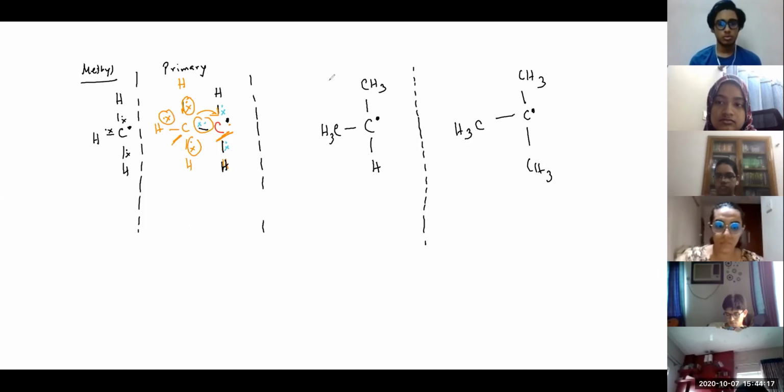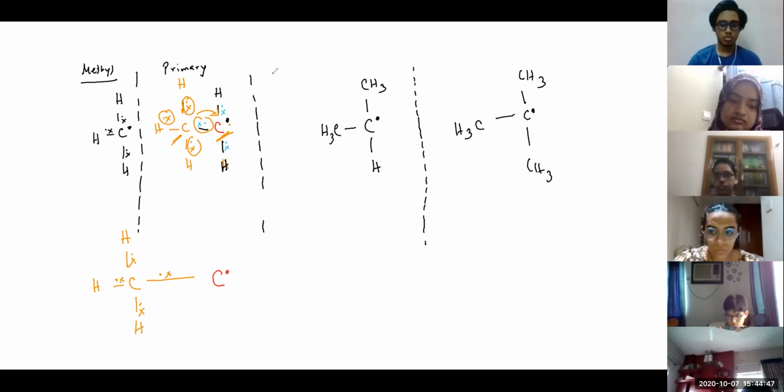Acha, let me draw this separately. That will be a bit better. So here we have a CH3 which already has 8 electrons. And then we have a red carbon with a free radical. And we have 2 hydrogens.